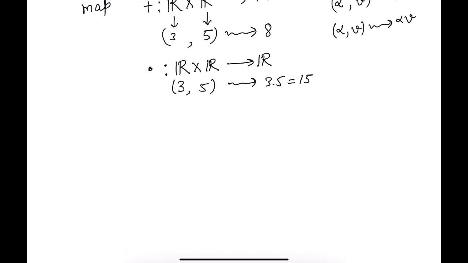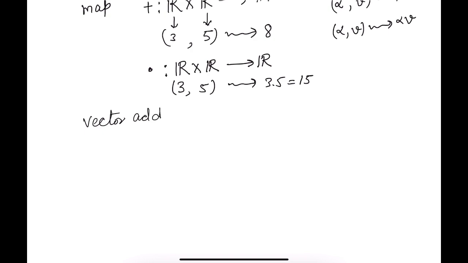Now we learn about the properties of this operation, vector addition. The first property is the closure property.